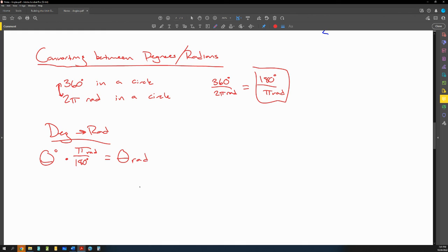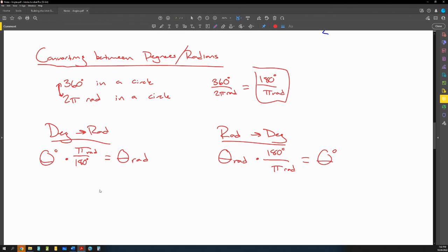And so that's going to give me my theta, my angle in radians. Likewise, if I wanted to go from radians to degrees, then I would take my angle theta in radians, and I would multiply it by my unit conversion, 180 degrees per pi radians. And that's going to give me my theta in degrees.